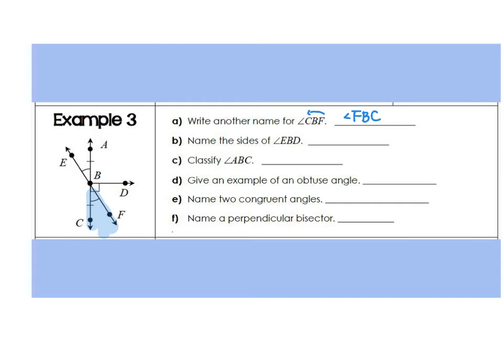All right. The next one says, name the sides of angle EBD, right? This one. And notice what I'm going to do. I know we have BE, that's the ray, and I have BD, that's my other ray. I didn't look at the image, and I'll tell you why.